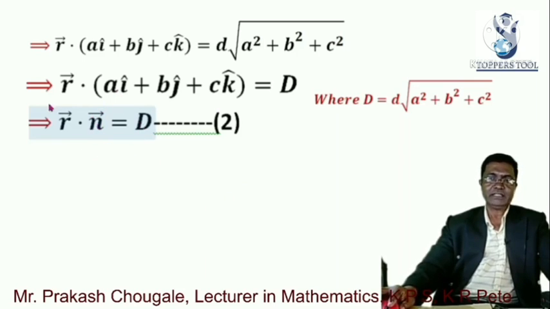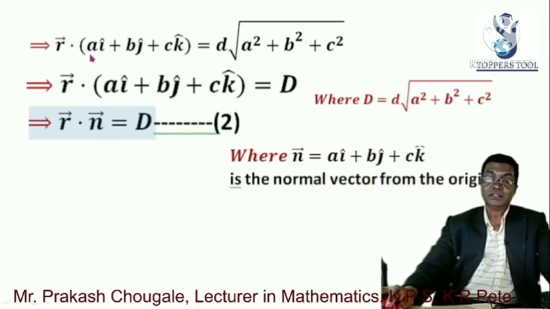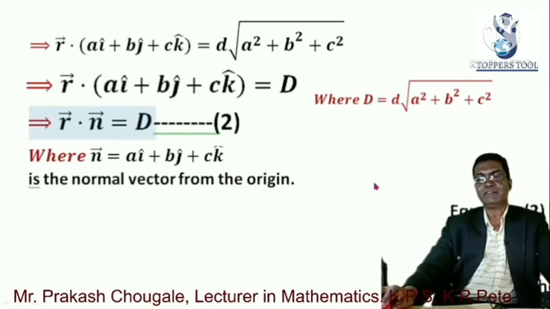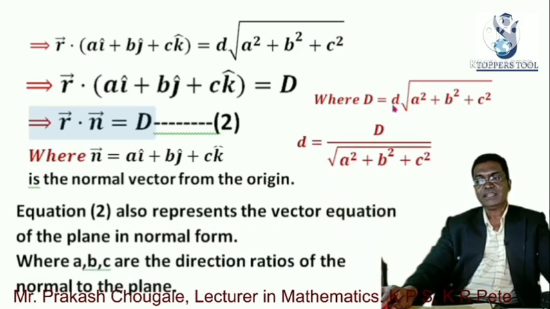So any equation of this form can also represent a plane. You will understand when you study problems. The coefficients a, b, c are the direction ratios of the normal, and the distance of the plane from the origin is given by the formula d divided by square root of a square plus b square plus c square.